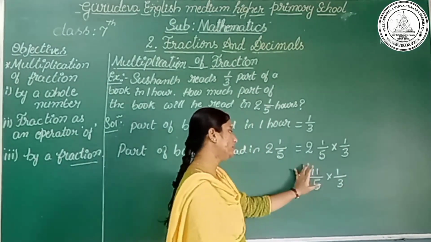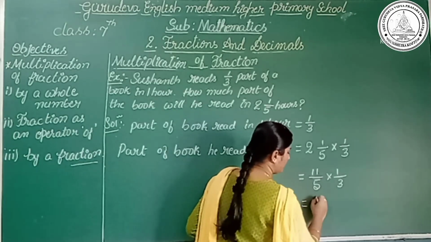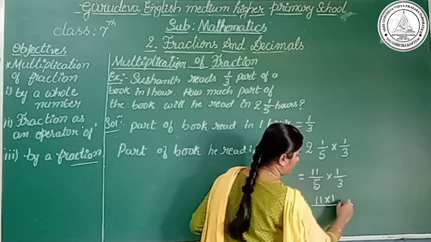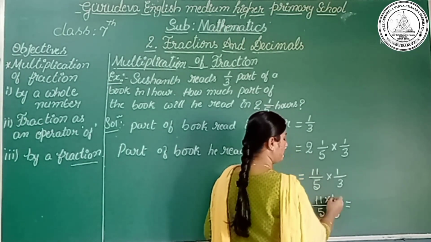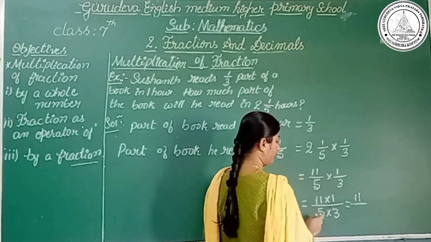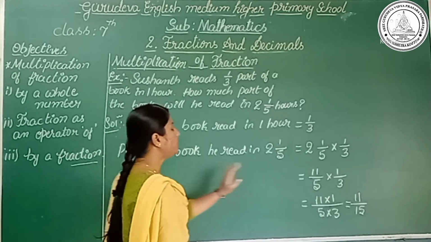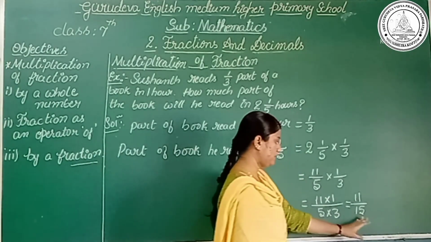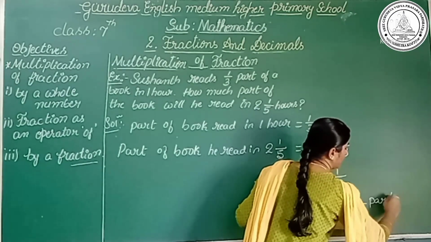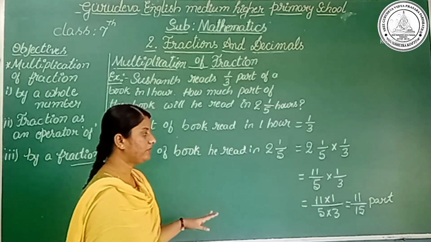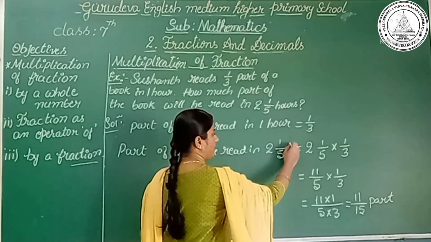Now we multiply numerator by numerator and denominator by denominator, which is 11 into 1 divided by 5 into 3, which is 11 by 15. So he reads 11 by 15 part of a book in 2 whole 1 by 5 hours.